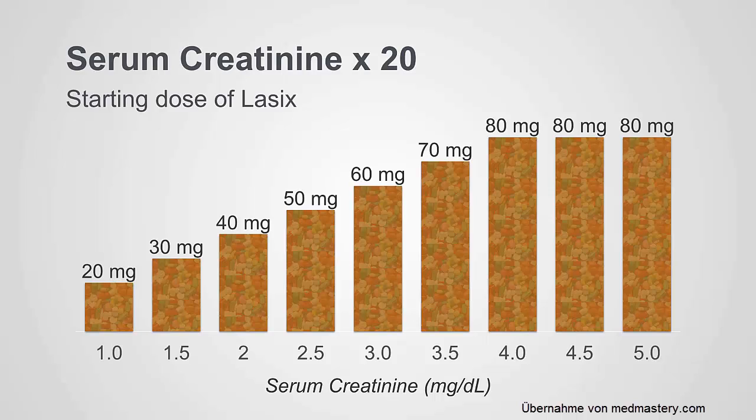There's a number of ways to figure out a starting dose for furosemide, but I like to take the serum creatinine in milligrams per deciliter and just multiply it by 20 with a ceiling of around 80 milligrams. Once I'm at 80 milligrams, I'll stop the ascent there, give a test dose, and see what kind of response. If no response, you can go even higher.